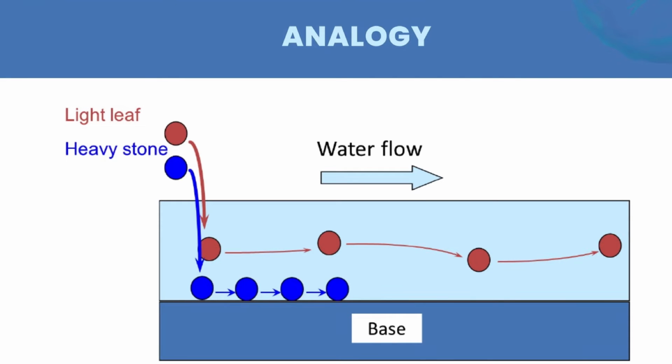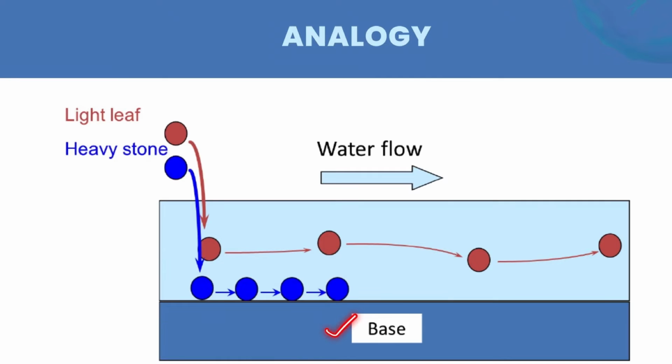As the blue dots have greater interaction with the stationary phase, they will not elute out, or will come at the end, whereas the brown dots, as they have more interaction with the mobile phase, will move with the mobile phase and exit from the column early compared to the blue dots.